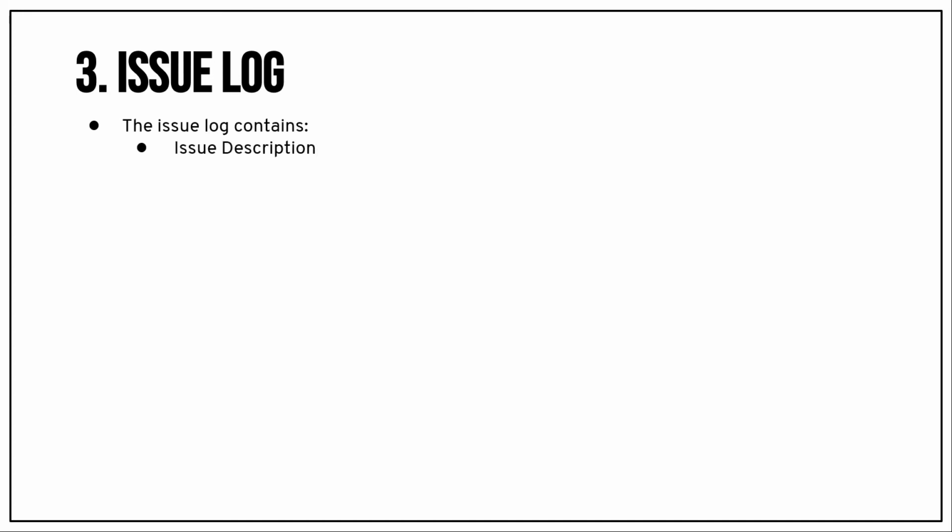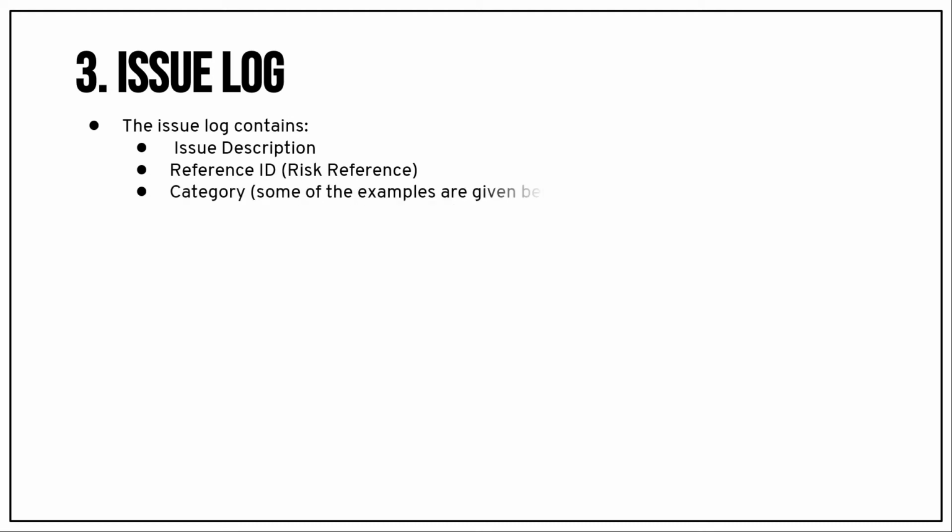So what does the issue log contain? First one is issue description and reference ID. Because when we are using software within our organization to track the issues and logs, we can give the reference ID. That will be the risk reference because the risk is converted into an issue. And the third one is category.